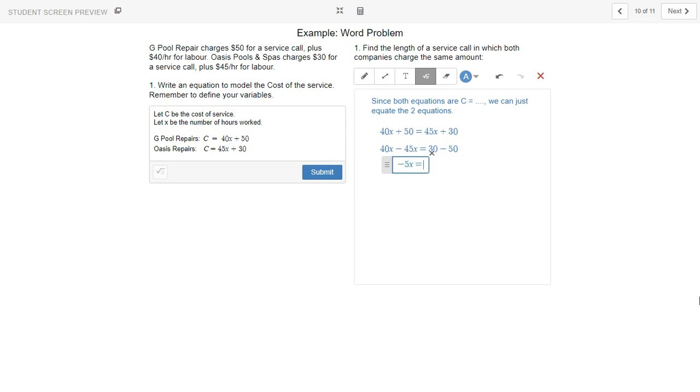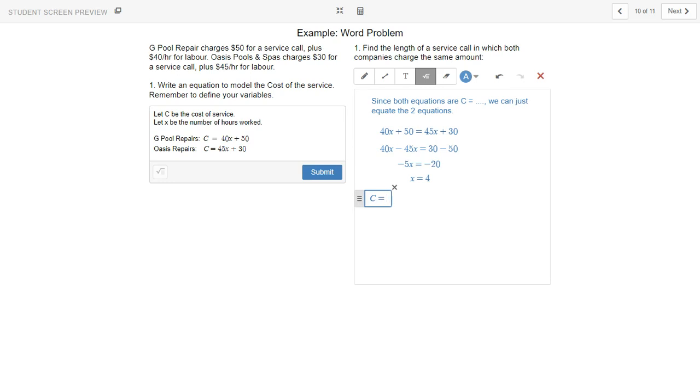Negative 5x is equal to negative 20, and x is equal to 4. So we know that at 4 hours, these companies are going to charge the same. But what's the price that they're charging?